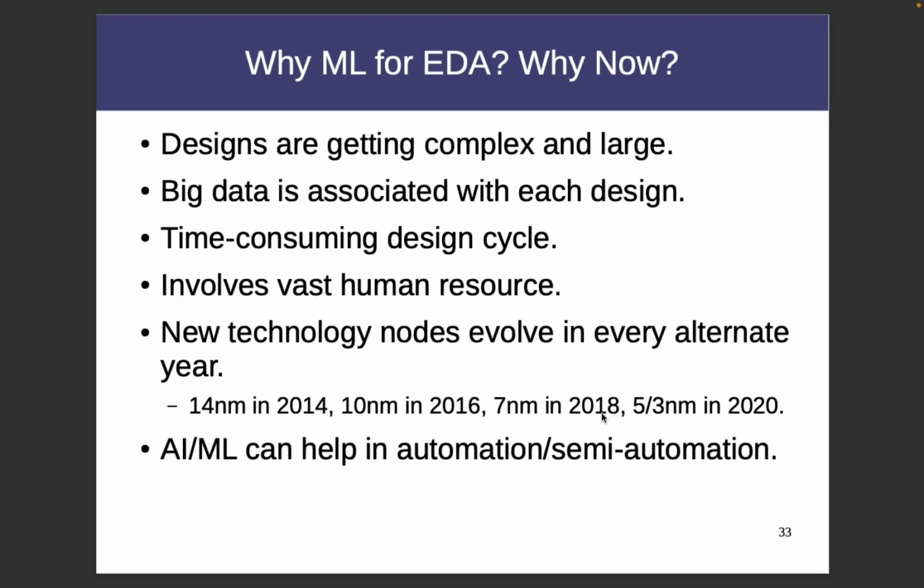That can be another motivation behind machine learning for chip design. These are some of the reasons we believe machine learning can be a good alternative to the traditional approaches in chip design and EDA.